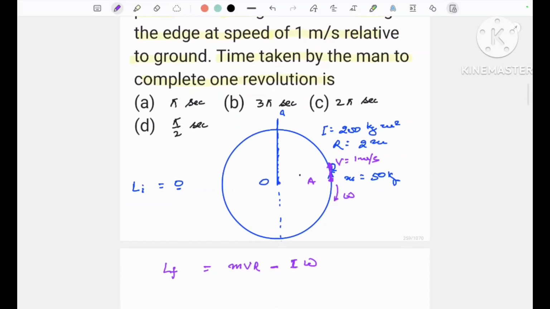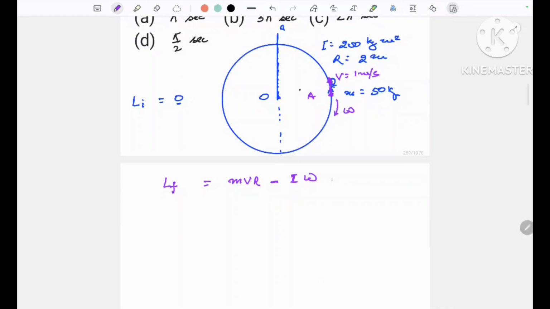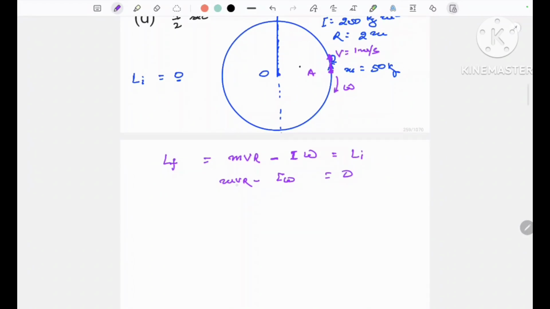No external torque is applied on the system, hence LF will be equal to Li, or mvr minus I omega will be equal to 0. 50 into 1 into 2 minus 200 omega is 0, and omega will be 100 by 200, 0.5 radian per second.